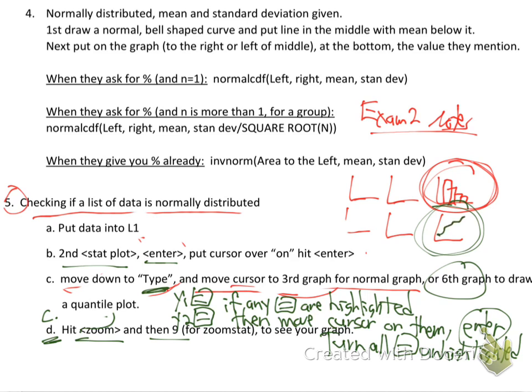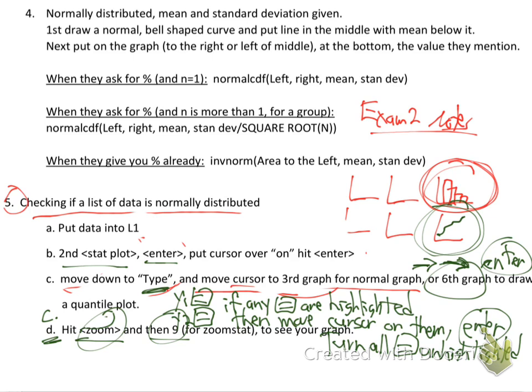Just keep pushing the right arrow till you get to the 6th graph, and hit enter to highlight the 6th graph, and then just hit zoom and 9. You don't need to turn off the y equals anymore. It's already been turned off. Just hit zoom and 9.